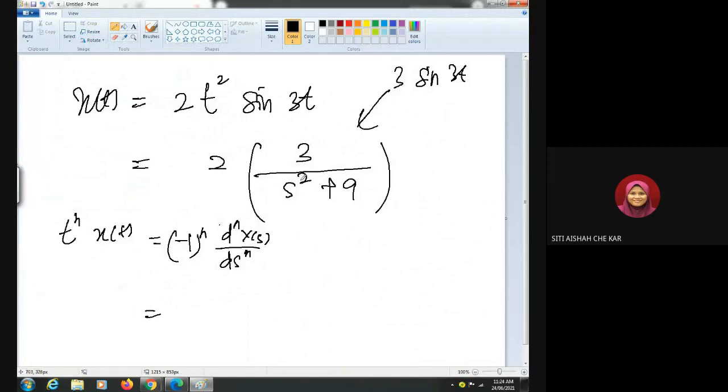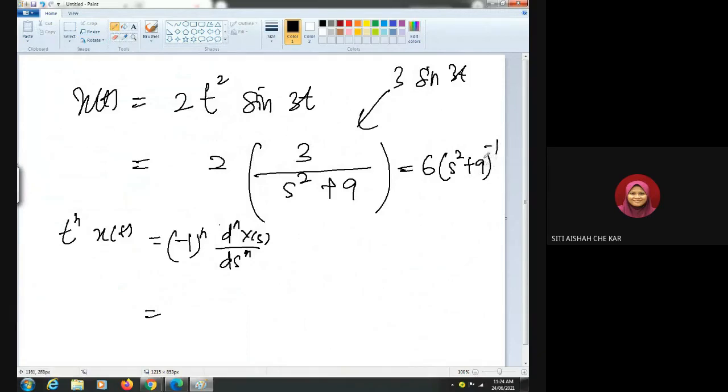Kita kena differentiate jawapan kita ni sebanyak 2 kali. Okay, saya simplify dulu this one. So what we gonna have is 6 over s square plus 9 negative 1. So saya naikkan ke atas negative 1, supaya senang kita nak differentiate.